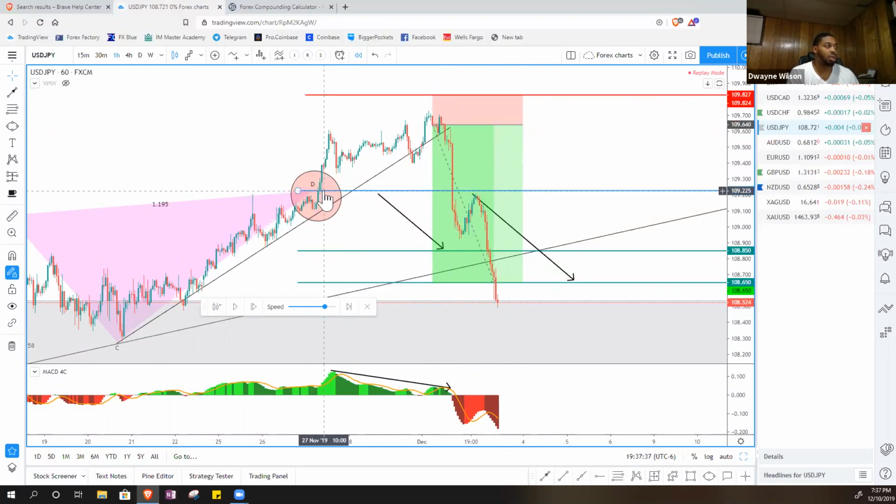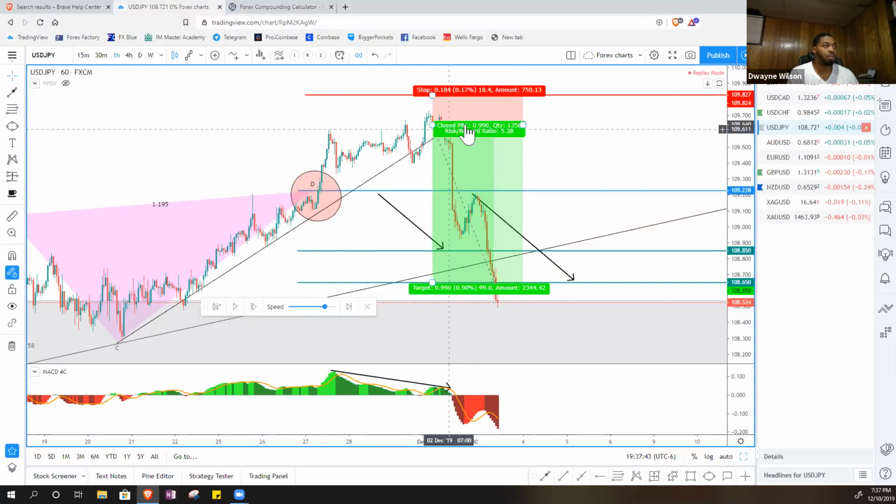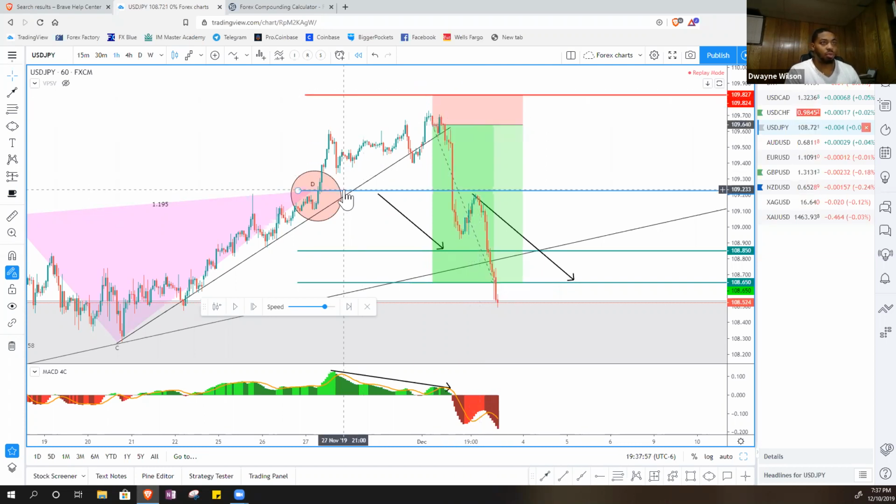So if I entered here, guess what? I'm just going to enter a lower lot size so that the difference between here is 5%. Now, because I reduce the number of pips I will be risking, I can increase my lot size. So now I'm only risking 18 pips versus, what's this, 23, versus roughly 60 pips.